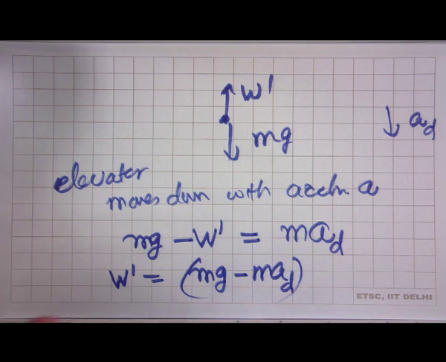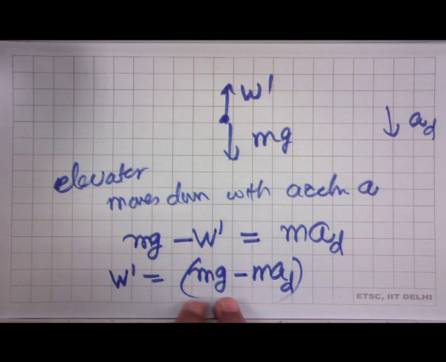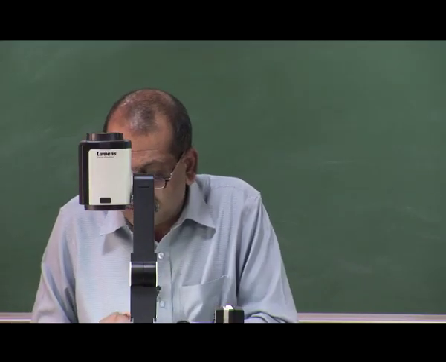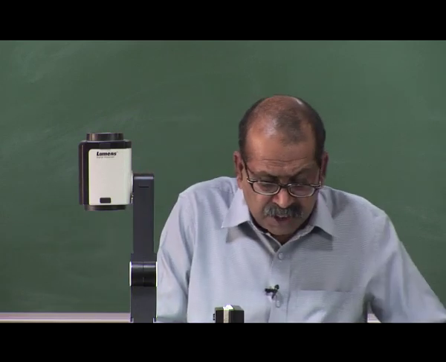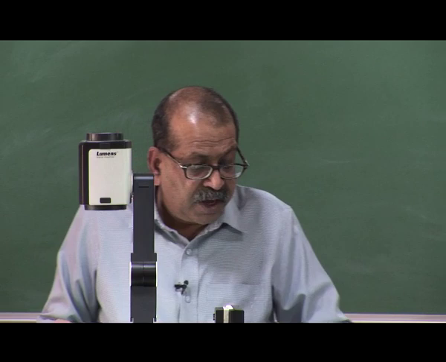So, when the elevator is moving down, the same weighing scale shows a reading of mg minus m times a_d. It shows as if the person has lost weight. This one has to keep in mind. Therefore, the same scale shows as if the person's weight has changed.